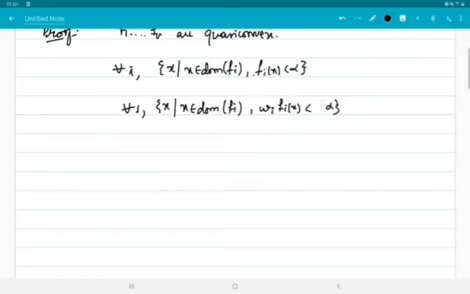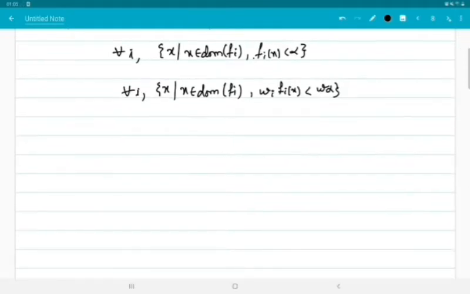So we replace this by the highest product w alpha, and now we take the intersection of all these sets, the intersection over i's.